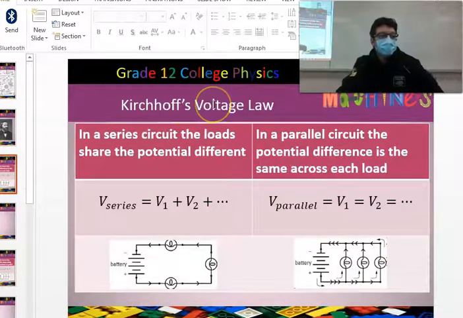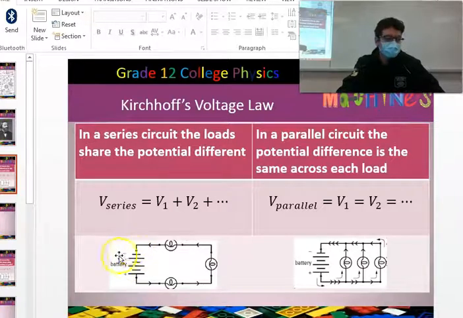So the voltage law says this: if you have a series circuit, so take this series circuit that has a battery and 3 light bulbs, it means that the voltage through each light bulb sums to give the total voltage provided by the battery.